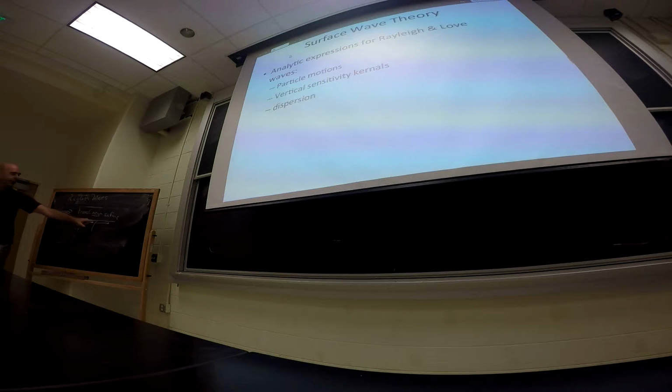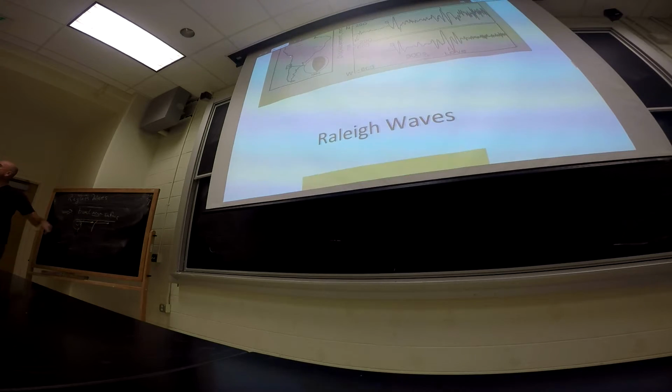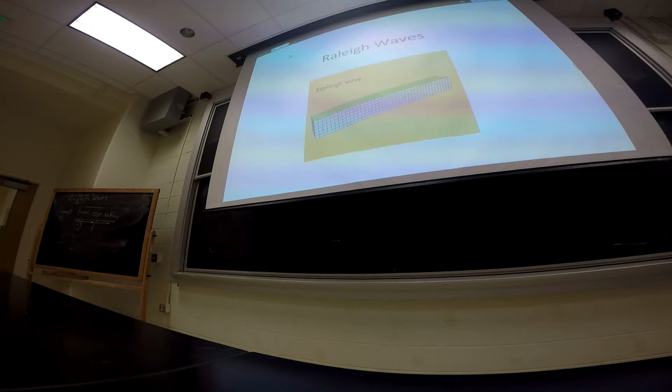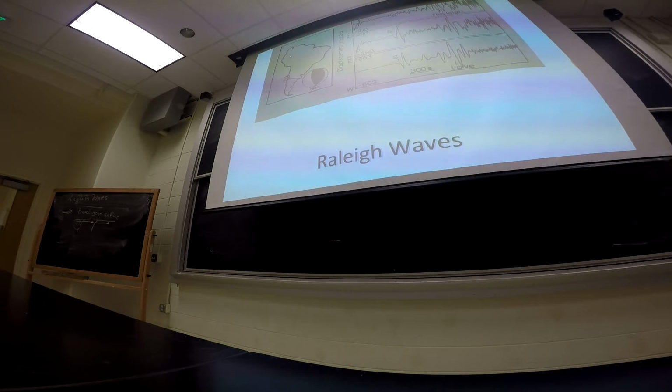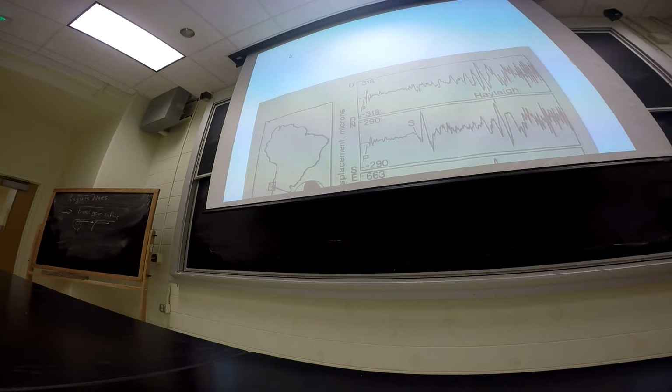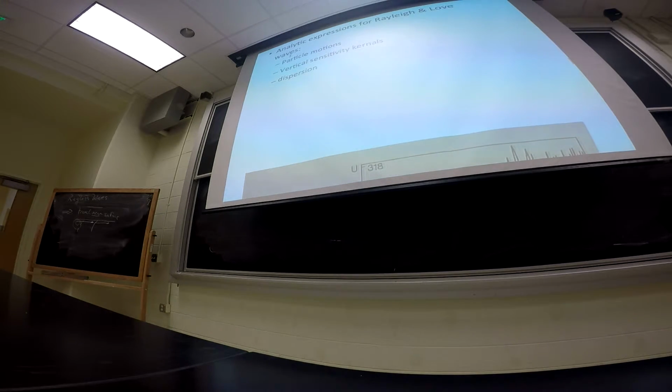So the amplitude of the Rayleigh wave at the surface is big, and as we go away from the surface, the amplitude of the Rayleigh wave drops.